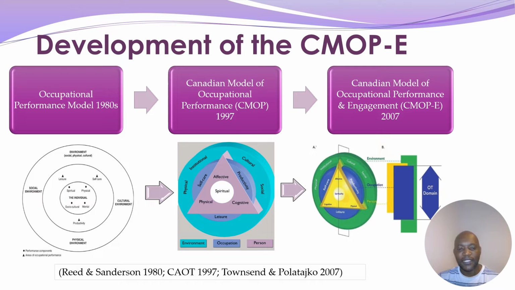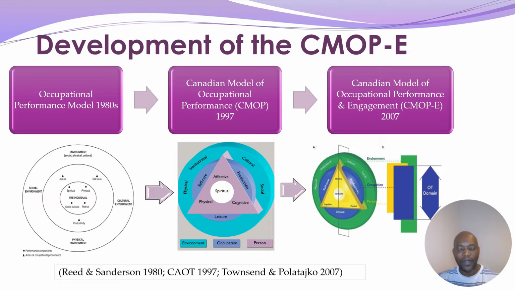The aspects of occupation still remained as productivity, self-care, and leisure. There was a slight change in the environment, where the CMOP ended up having four aspects of the environment: physical, institutional, cultural, and social. Then later on in 2007, the diagram representing the CMOP-E was developed.